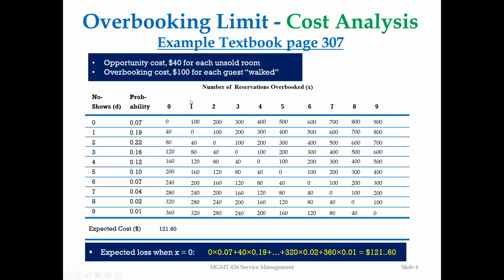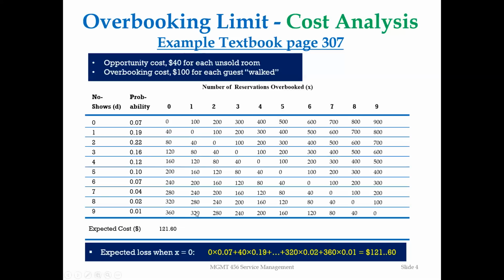Similarly, you calculate the expected cost for overbooking limit 1. It will be 100 times the corresponding probability, which is 0.07, plus 0 times the corresponding probability, which is 0.19, plus 40 times the corresponding probability, which is 0.22, plus 80 times the corresponding probability, which is 0.16, all the way to the bottom.